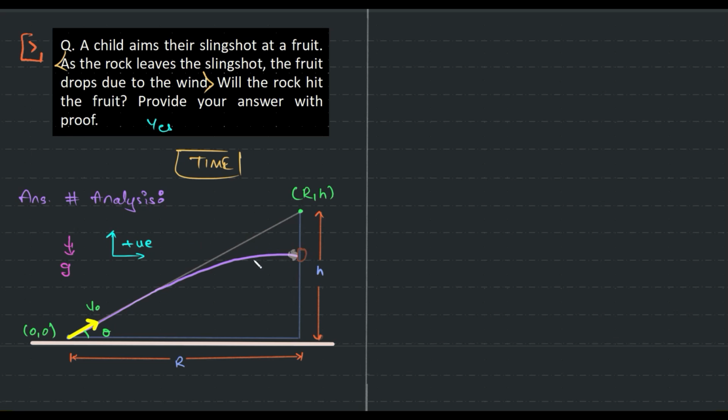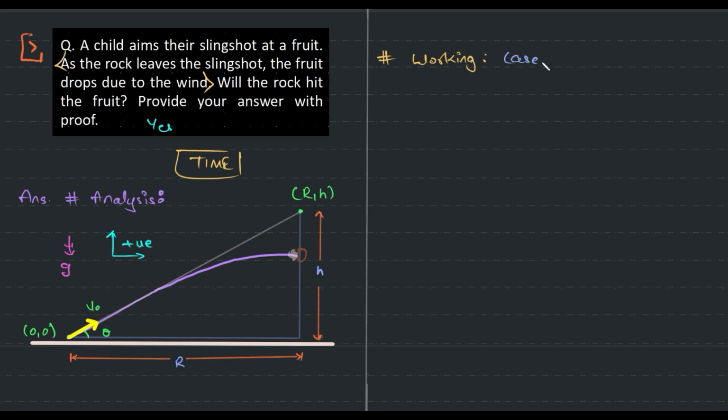That's the funda. So how do you find out the time and all of that? Well, the rock has to travel a distance of R. That's your clue. I think I've given enough clue for you guys to start off with.